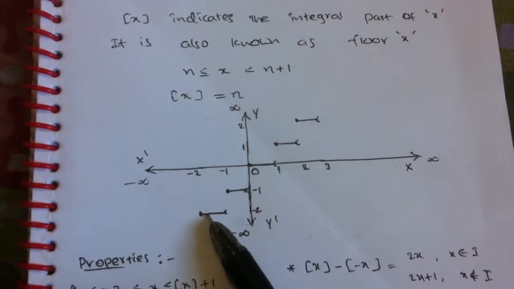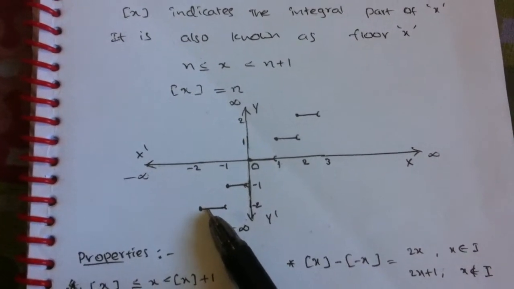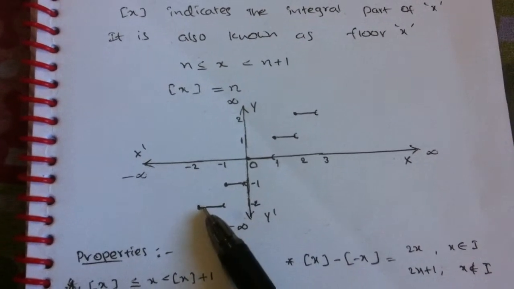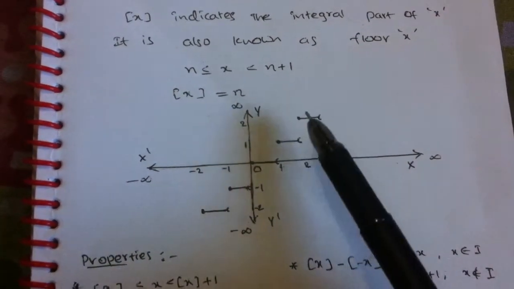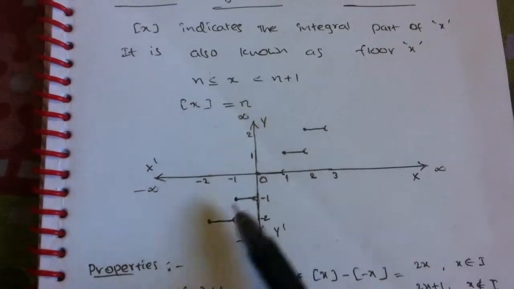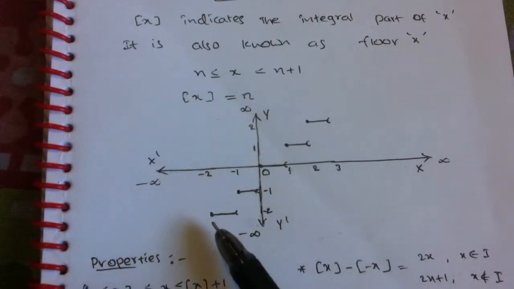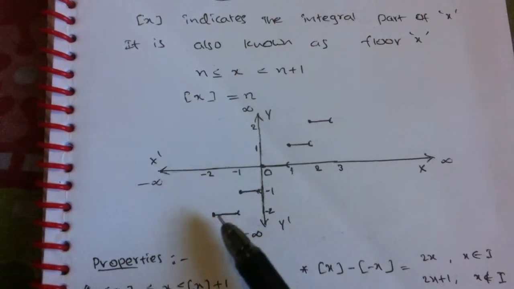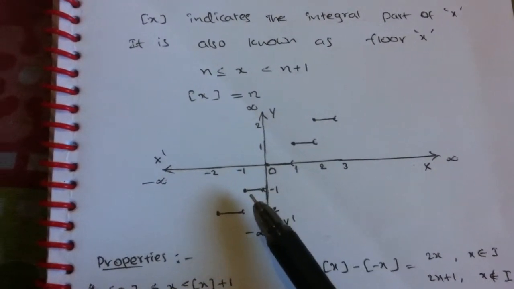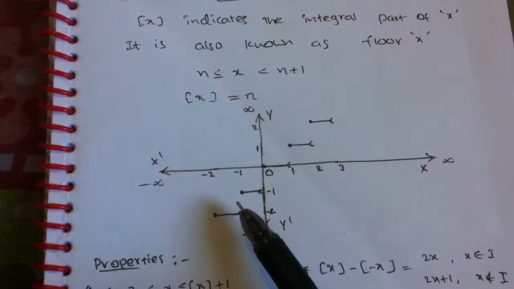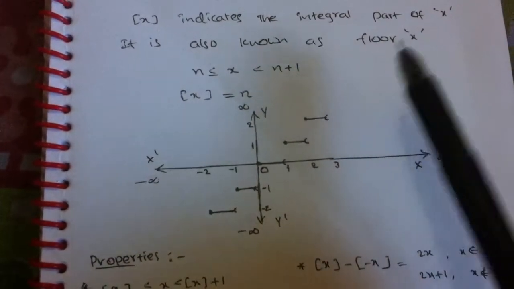So what is the greatest integer? Minus 2. So the result is minus 2. And so on. You can look at this entire graph and see the steps. It looks like steps, so we also call it the step function or floor of x.